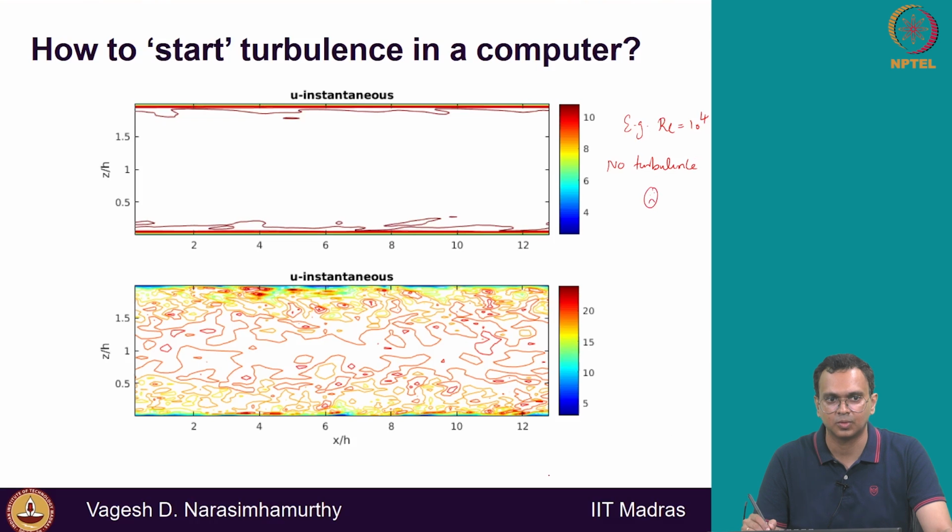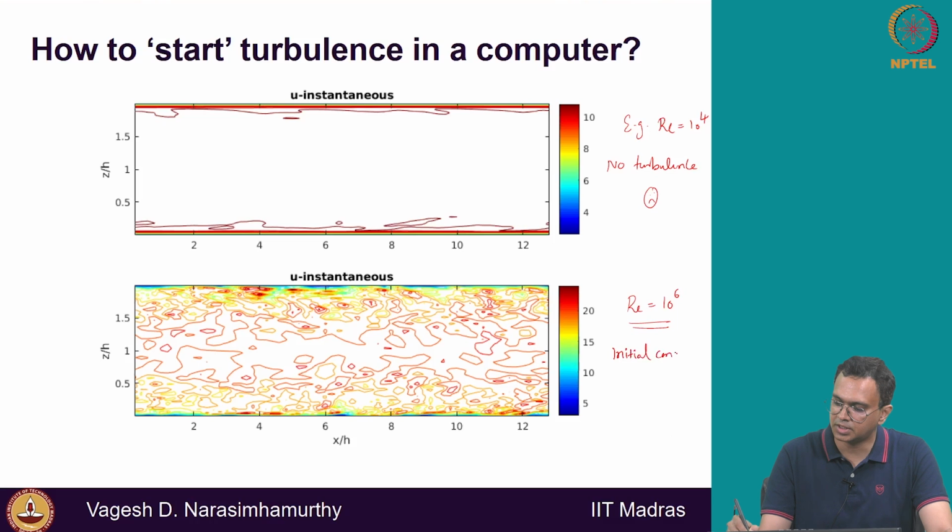So what I do is increase Re to, let's say, 10 raised to 6 and solve this. Suddenly I see that the flow field is looking nice. Obviously there are errors. Now I can save this as my initial flow field before the code crashes. I use this as my initial condition for the Re equal to 10 raised to 4 case.